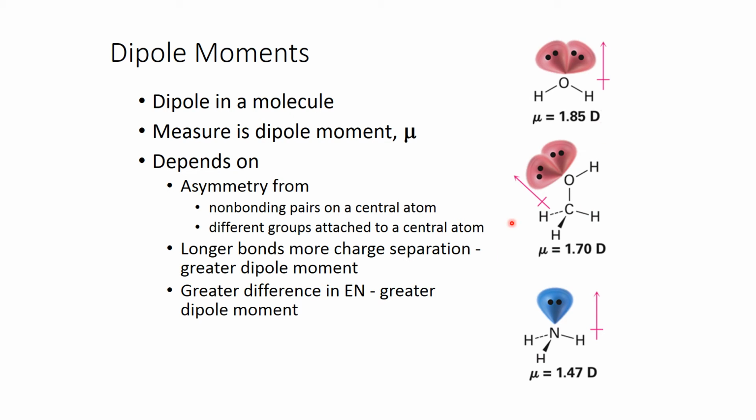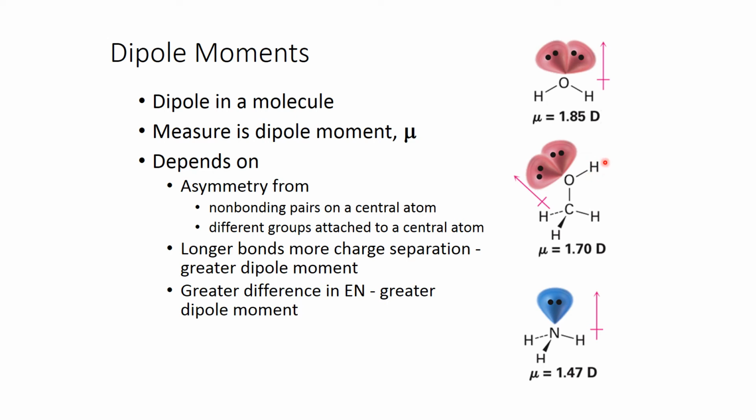Now, if we go down to this molecule, we don't really look at the polarity of the carbon-hydrogens, so we ignore that and we look up at this part of the molecule. The oxygen has a tetrahedral electron geometry, so at least on the hydrogen-oxygen-carbon part, this part of the molecule is bent.